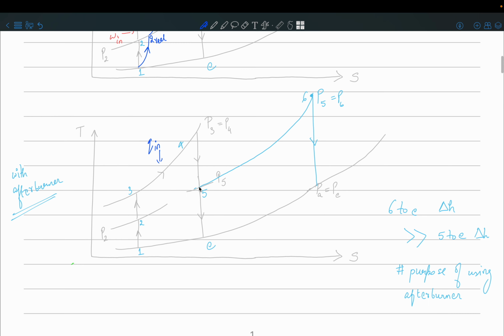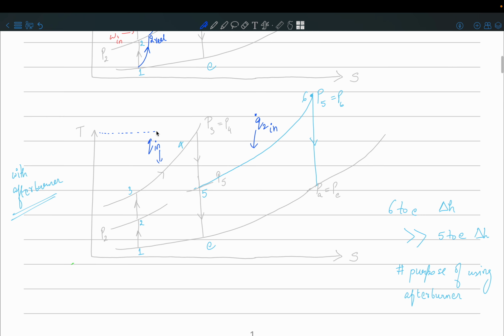But before having any exhaust through the nozzle, you switched on the burner and added more fuel over here. So there is a secondary heat input, and that raises the temperature even higher. So what is worth marking here is that the temperature increase is going to be very high.